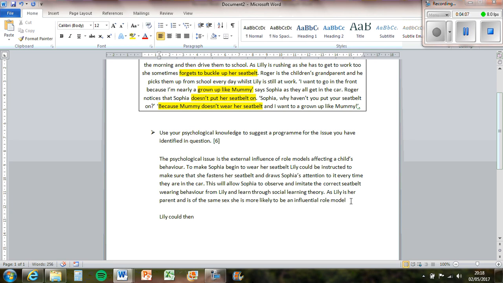She is more likely to be an influential role model and therefore more effective at changing Sophia's behaviour than Roger.